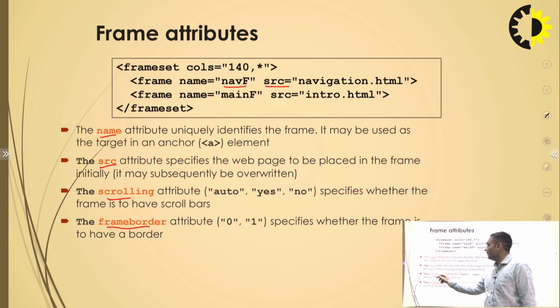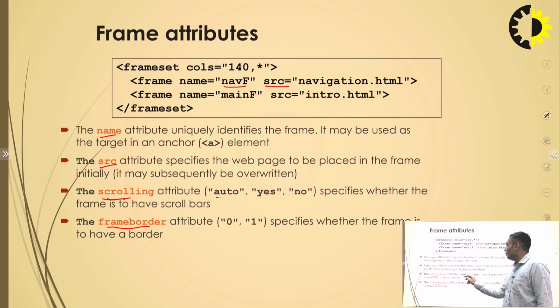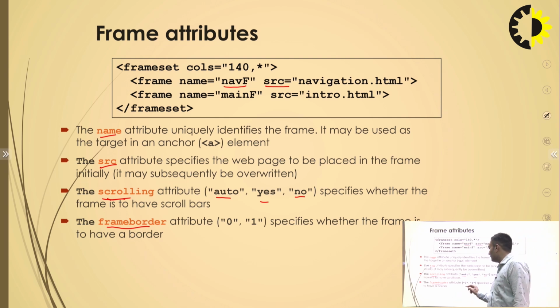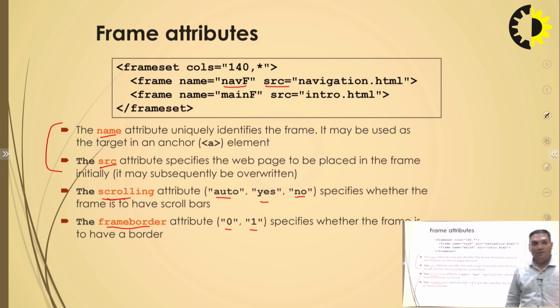If we want to apply scrolling, we can use the scrolling attribute with possible values auto, yes, no. If we want to apply a frame border, there are two possible values, 0 and 1. Name and src are the essential attributes that we need to use when defining a frame inside a frameset. And the frameset tag contains two essential attributes, rows and cols.